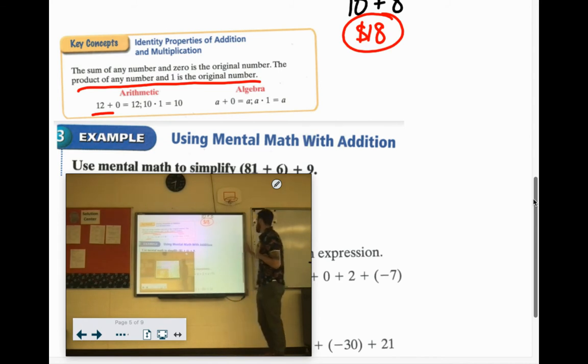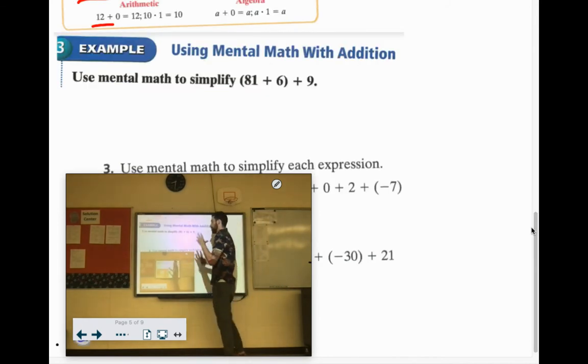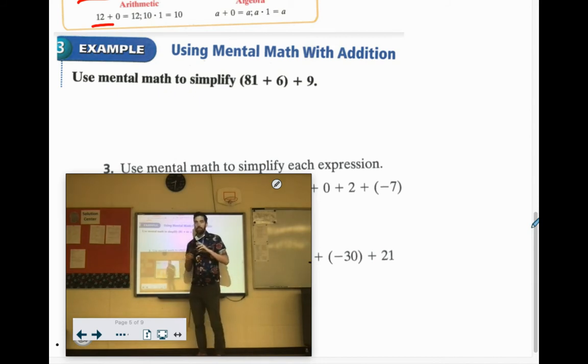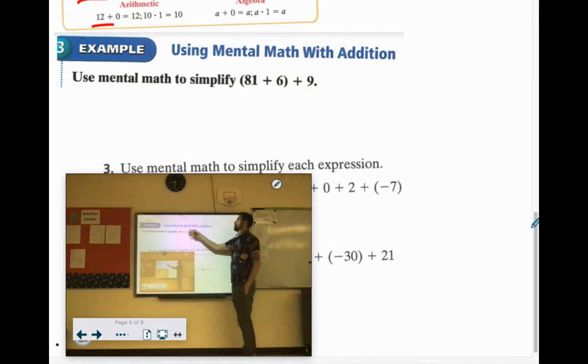Now we're going to use those grouping symbols. Now remember when it said the associative property, it doesn't matter who the parentheses are associating with. Do you get it? Okay. So even though there's parentheses around the 81 and the 6, it would be the same as if the parentheses were around the 6 and the 9.